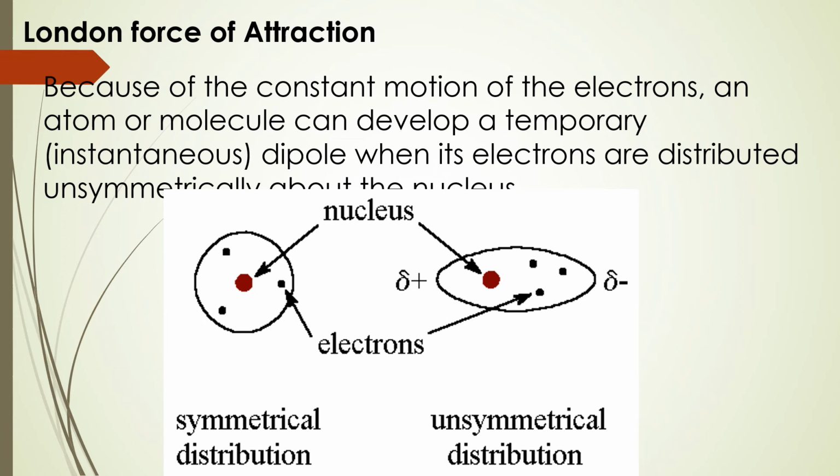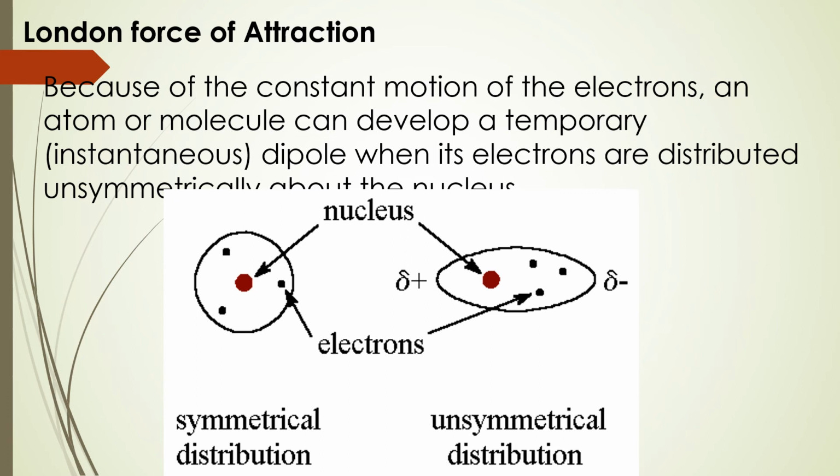Try to look at the difference between the illustration of the symmetrical distribution and the asymmetrical distribution. If you look at the nucleus and the electrons, one is not really symmetrical, and the other one is symmetrical. Look at the distribution between them.